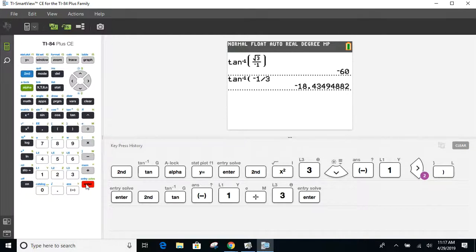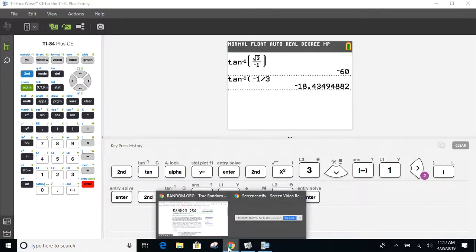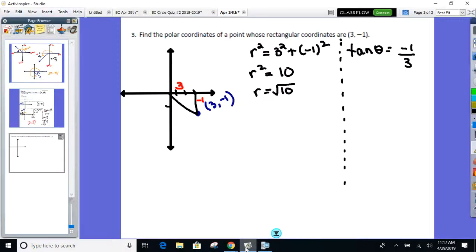And go about the nearest degree, okay? Make it easy on us all. Go ahead, the nearest degree. So this is about 18 degrees.